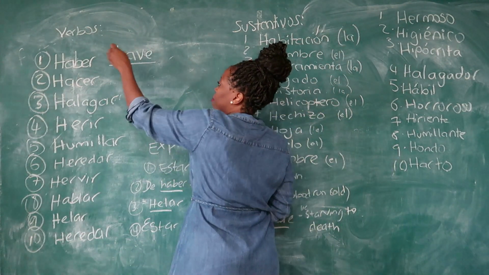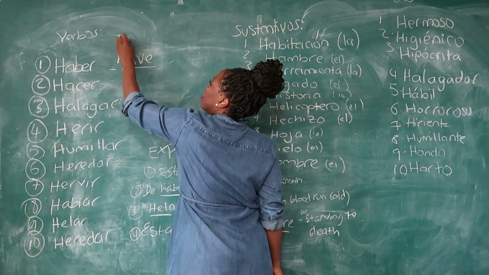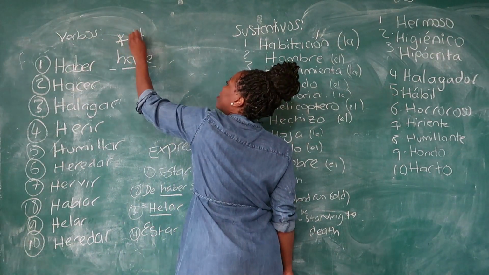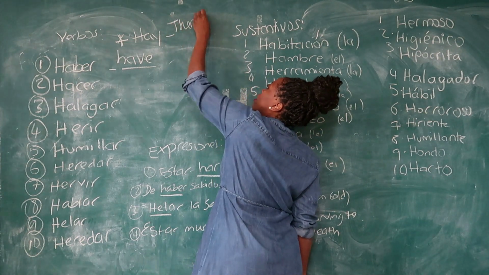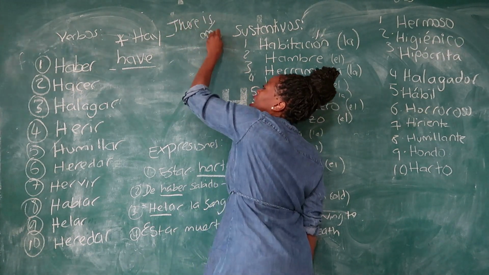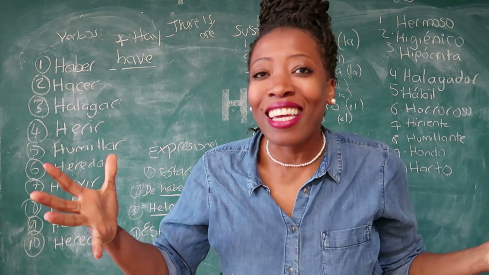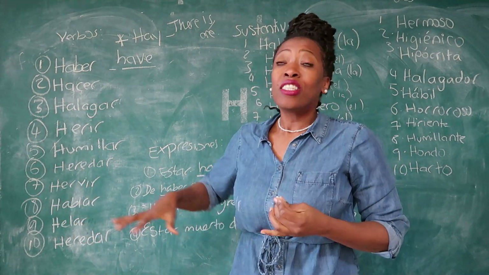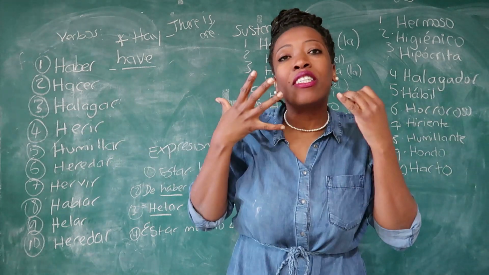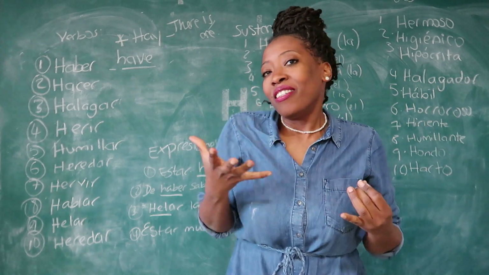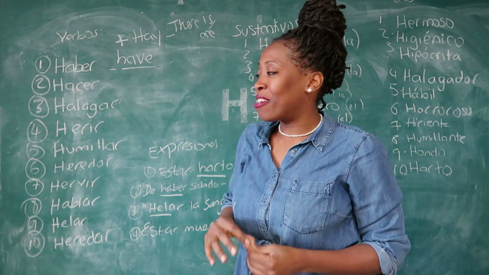So that comes from that verb as well. Hay muchas casas aquí. There are many houses here. This is the same verb that we need to watch out for because we use it so much, and you need to know this one. Haber.